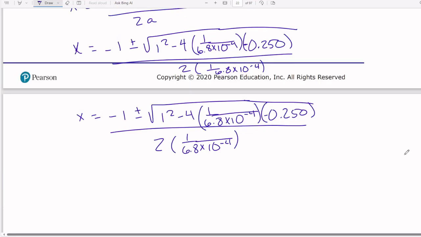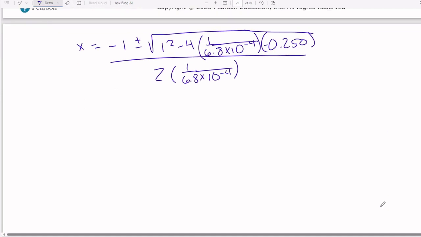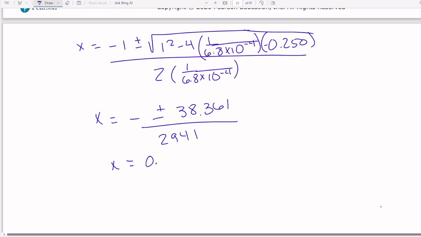So I rewrote that for clarity, and if you work all of that math, you get x is equal to minus 1 plus or minus 38.361 over 2941, and that means x is equal to 0.01270 or negative 0.01338.